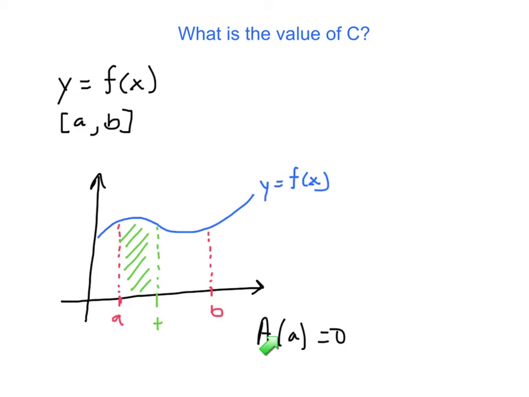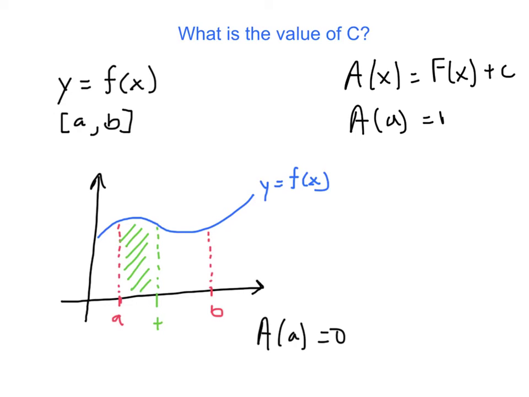Well, we can use that to help us solve for c. And here's how we do it. We know that A of x equals F of x plus c. That means that A of a must equal F of a plus c.